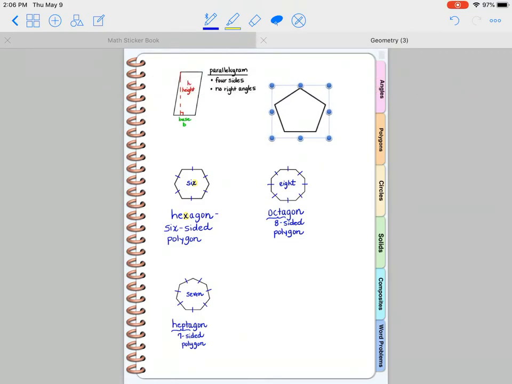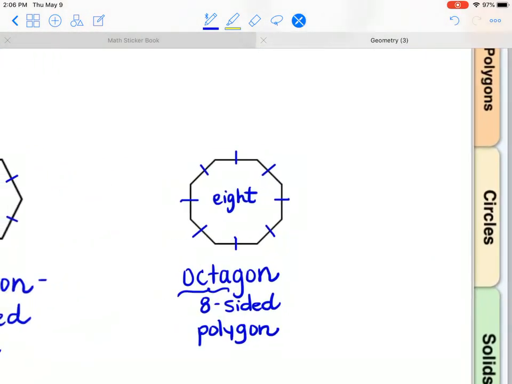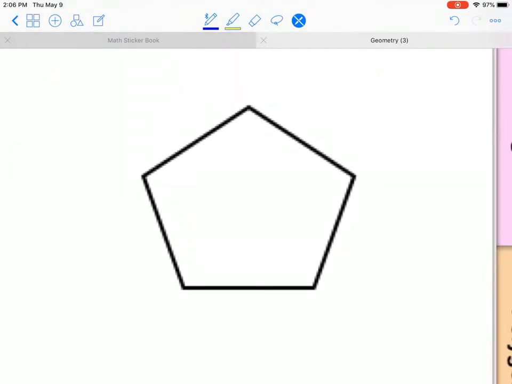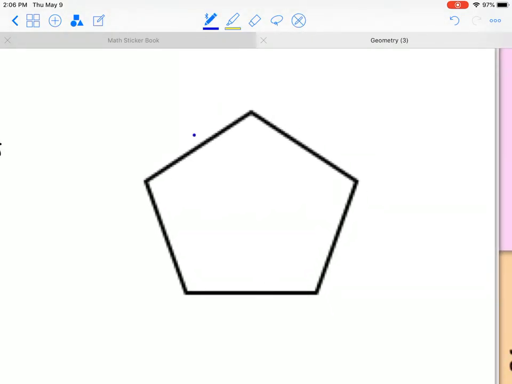This one, you may recognize this one if you watch the news a lot, because the Department of Defense in America is in a building that's shaped like this one. And let's count the sides. We have 1, 2, 3, 4, 5. This is a pentagon.